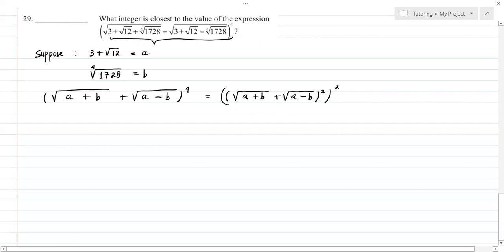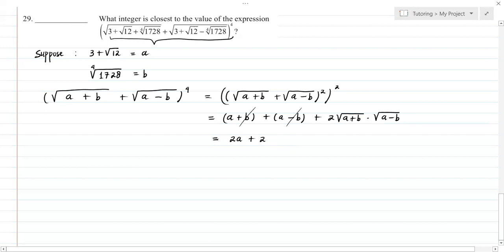Here we first multiply root of A plus B plus root of A minus B squared. So the result is A plus B plus A minus B plus 2 times root of A plus B times root of A minus B. Then we can simplify B and minus B, so we have 2A plus 2.